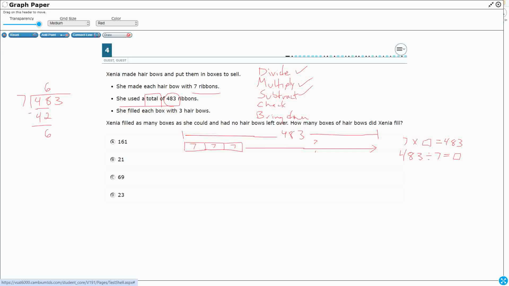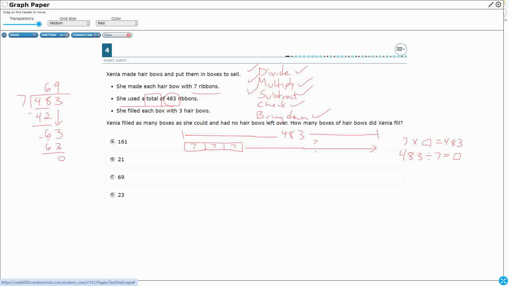We need to check, is this difference smaller than your divisor? If it's equal or larger, you're in trouble, but it is smaller, so we're good. We bring down 1 digit at a time. In this case, we're going to do 3. We do it all over again. 7 goes into 63, and hopefully you're seeing this is going to go in evenly, so that's good. 9 times 7 is 63.